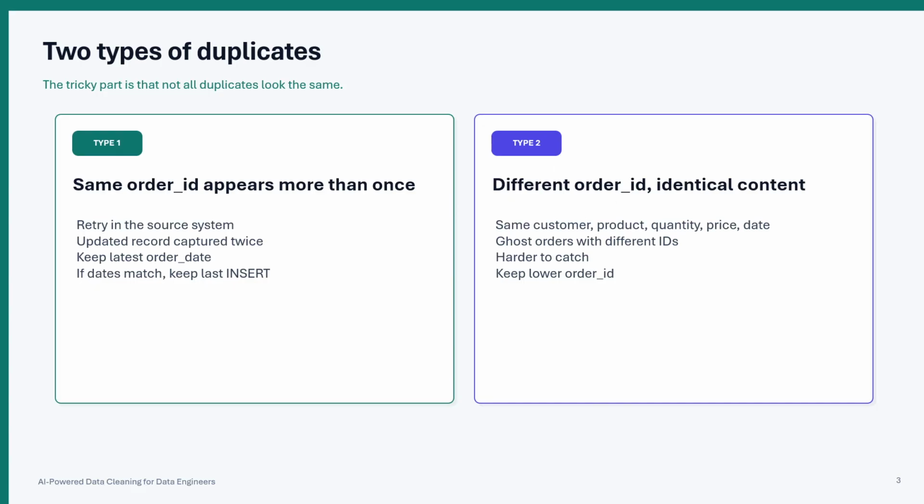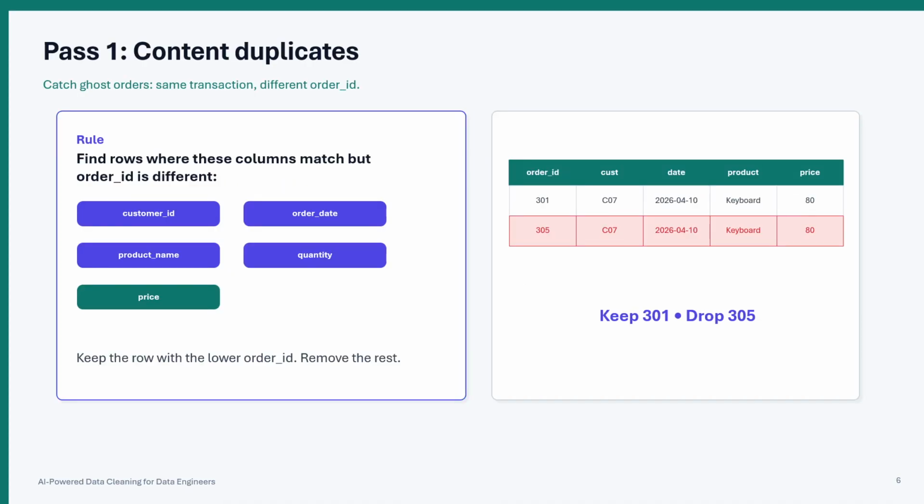In this case, the order ID may be different, but the rest of the data is exactly the same. That is, same customer, same product, same quantity, same price, or order date. These are also called ghost orders because they look like separate records, but actually they represent the same transaction.